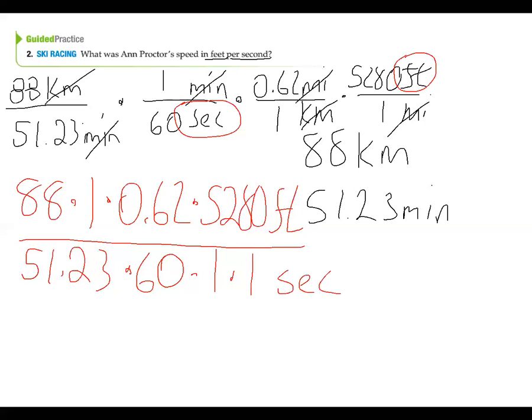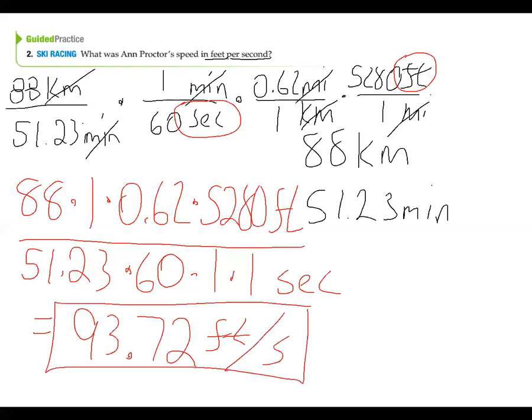And if you multiply that all out, you can multiply the whole numerator, get that answer, multiply the whole denominator, get that answer, and then divide, and you would get 93.72 feet per second. Okay?